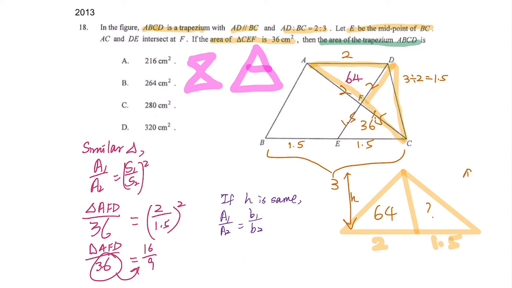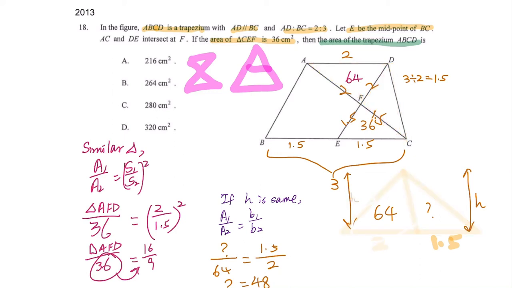Both of them have the same height. So if the height is the same, then the area ratio is the base ratio. And the next step, just move the 64 to the other side, and then you should be able to get the answer as 48. Yeah, easy enough. Cool.